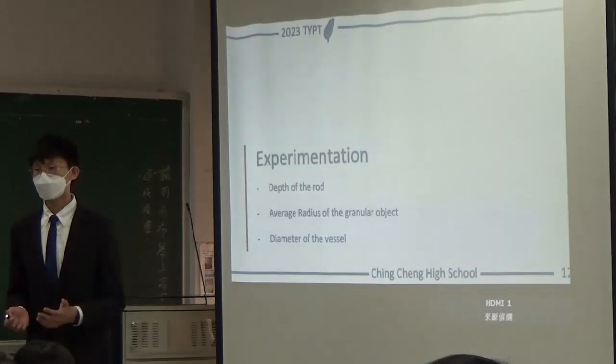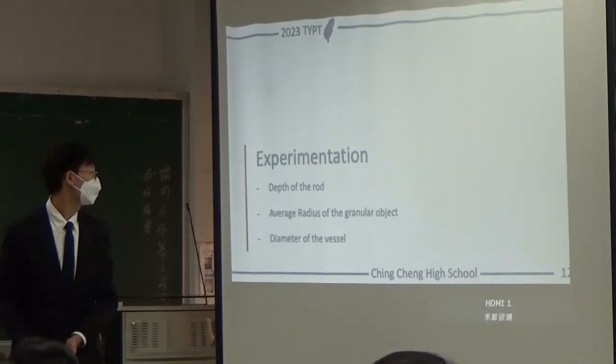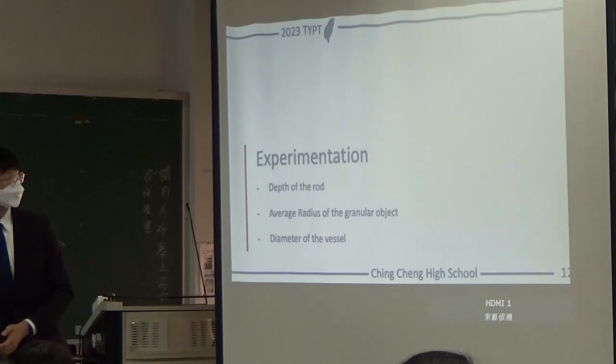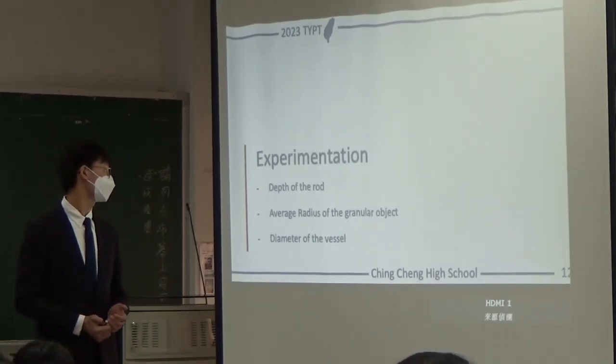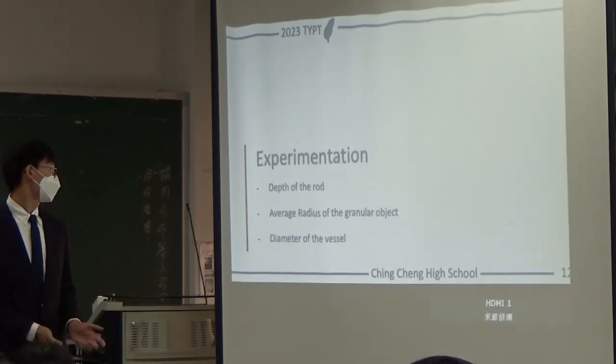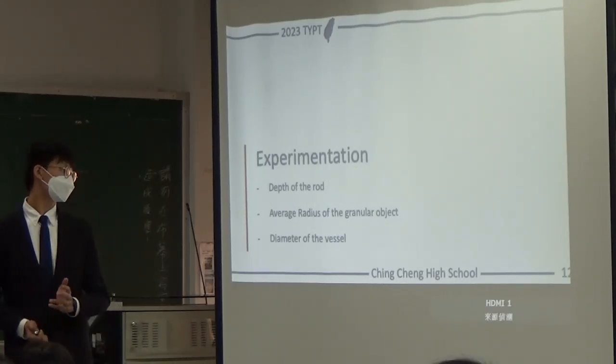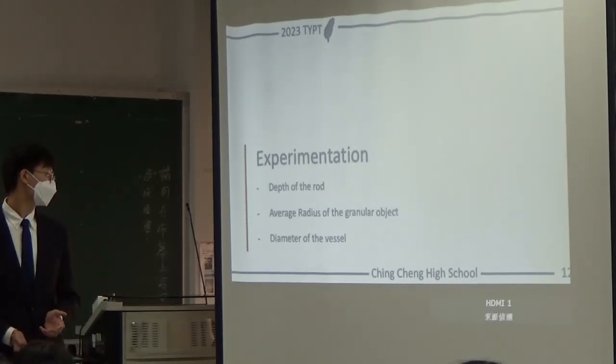And let's talk about our experiments. First, I would like to talk about the depth of the rod. And the second is the average radius of the granular object. And the third is the diameter of the vessel.